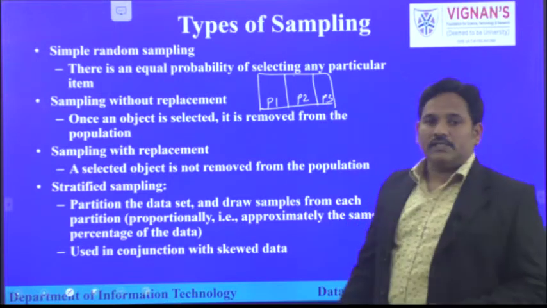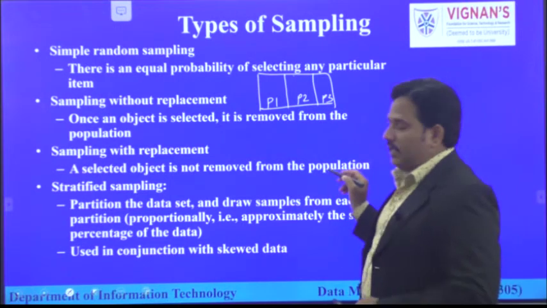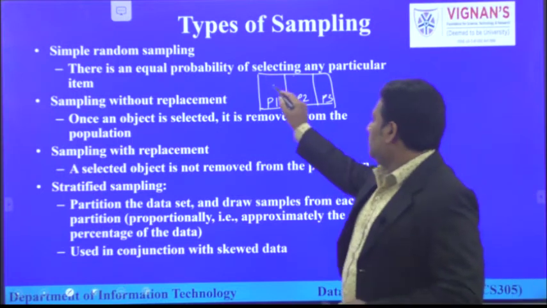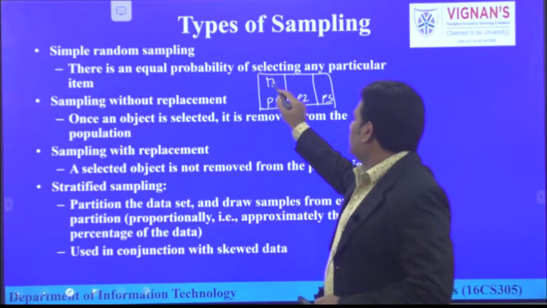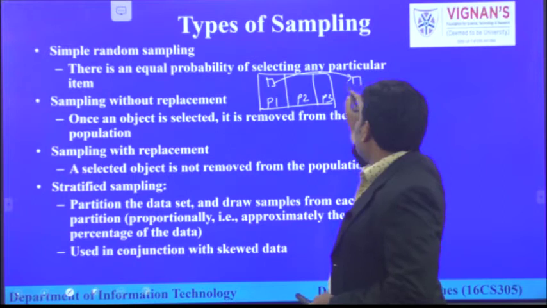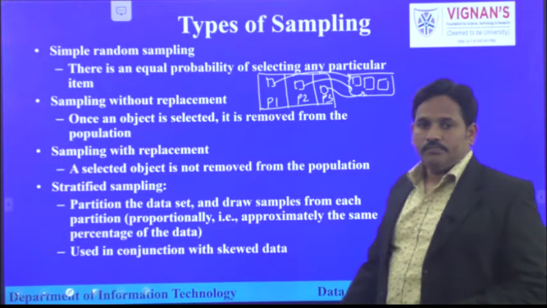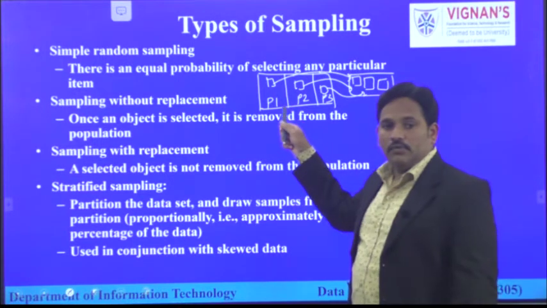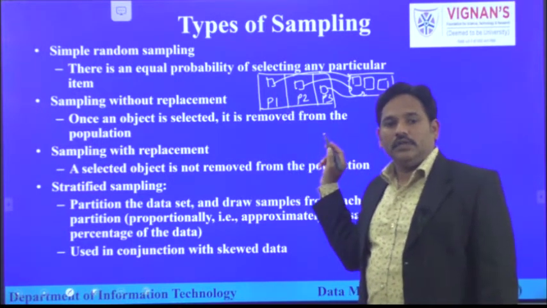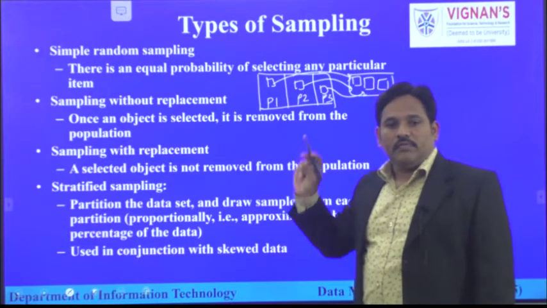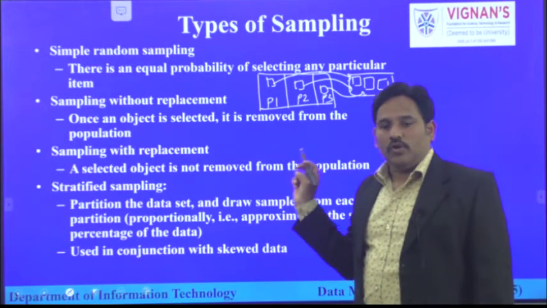When we want to select a sample, we try to select values from each partition, like one portion from here, one more from here, and one more from here. So this is our sample data set. The original data set has been partitioned into 3 partitions, and from every partition we are picking a small amount of data.